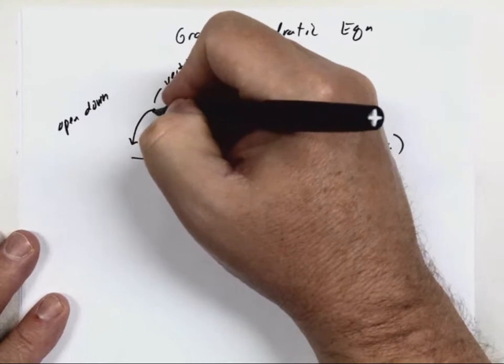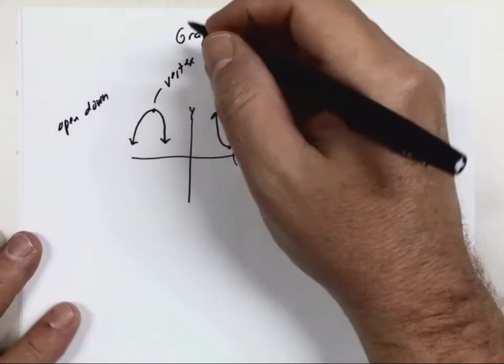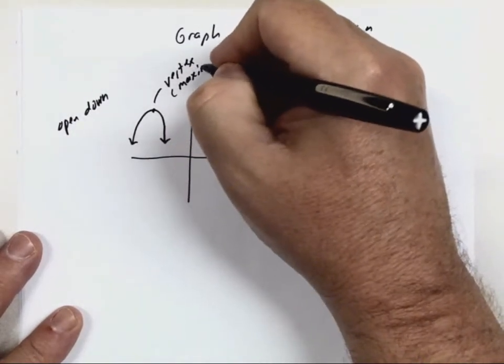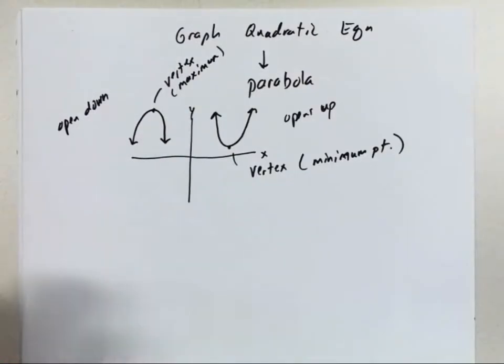For this kind of parabola, the vertex is the highest part of the graph of the parabola. And then obviously, hopefully you realize that this would be the maximum point of this graph. So we can have two kinds of parabolas, opens up or opens down.